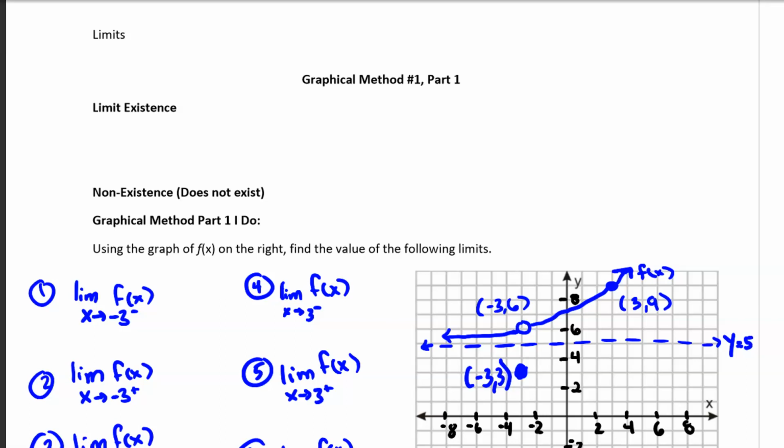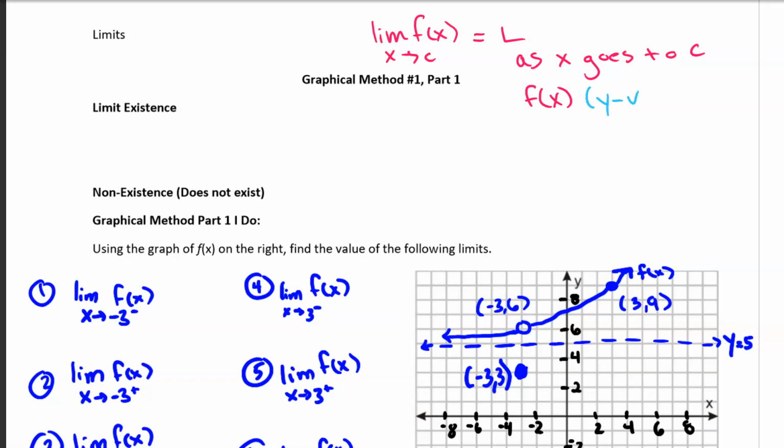So remember our limit, our intuition here is as x goes to c, f of x, or if we're thinking in terms of x and y, our y value goes to L. All right, so we're going to see what this looks like in quite a few examples.